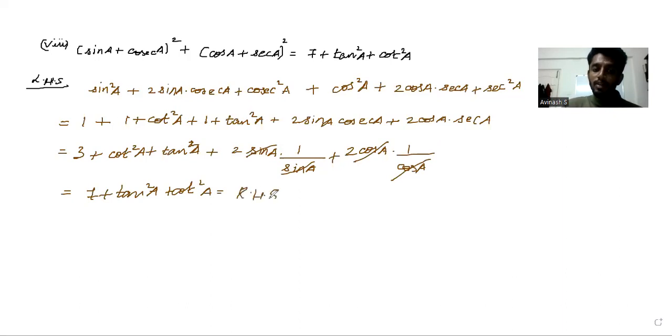It's even simpler to do this step here itself, but I just did one more step to make you understand it better. So it's very clear because you have a 2 here, you have one more 2 here, which will add and become 4, and you already have a 3 here. So all these will get added and become 7, leaving you with these two expressions, which is 7 plus tan square A plus cot square A.